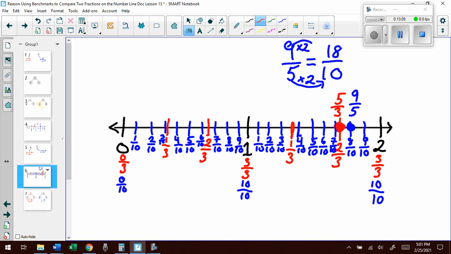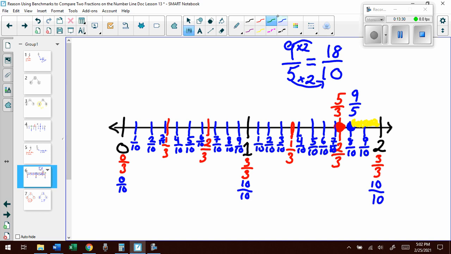So let's look at our number line right here. I'm going to see if I can get a nice highlighter color. Okay. If we look at 1 fifth, that would be right here to right here. That's a good sized distance.